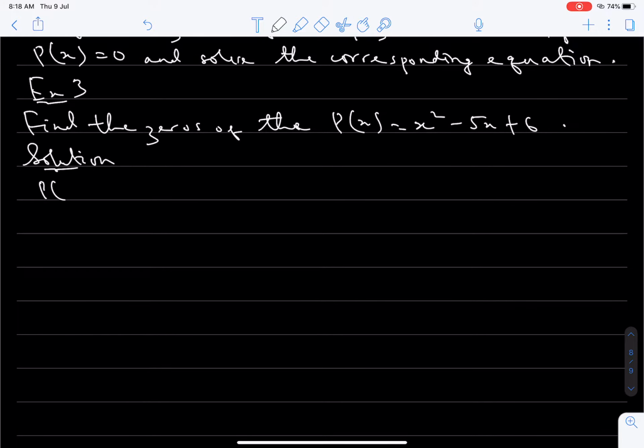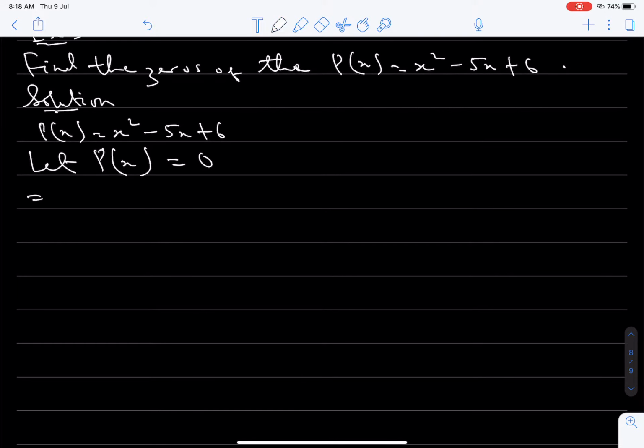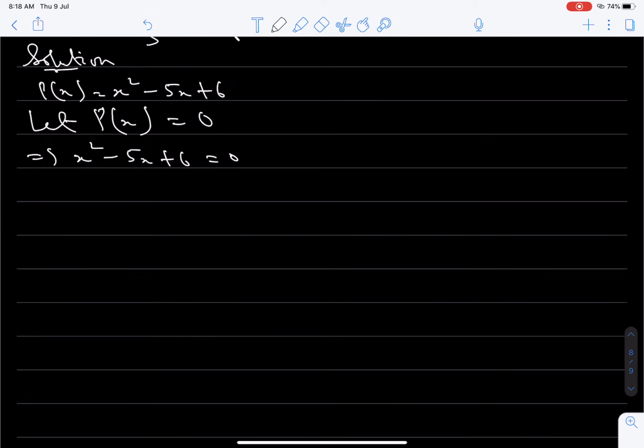p of x is given by x squared minus 5x plus 6. Let p of x be equal to 0. And that simply means x squared minus 5x plus 6 equals 0. And then we solve this equation.